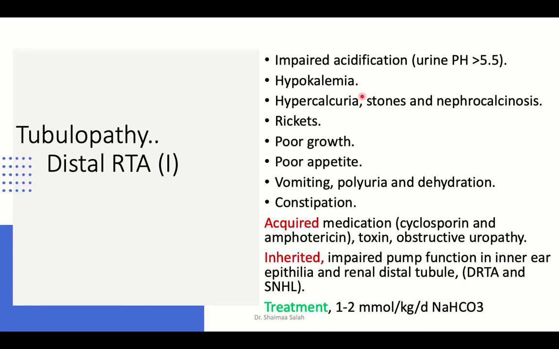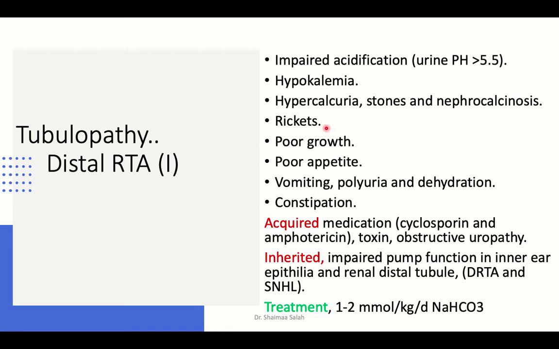So we have hypokalemia that is less severe than in proximal RTA. We have hypercalciuria here, and this is a differentiating feature between proximal and distal RTA. In distal RTA, we have increased calcium excretion in urine, and this carries a risk of renal stone formation and nephrocalcinosis. Proximal RTA, no.